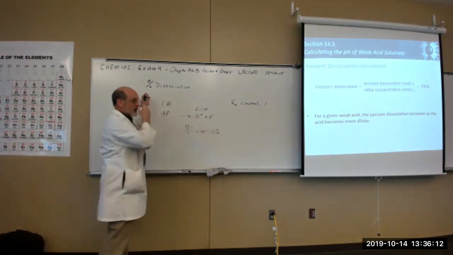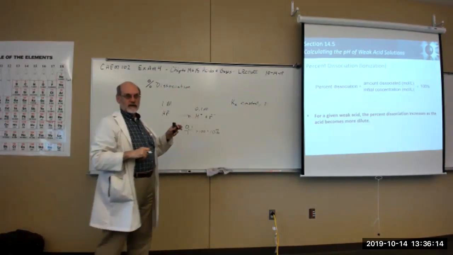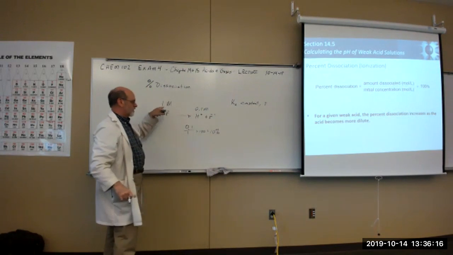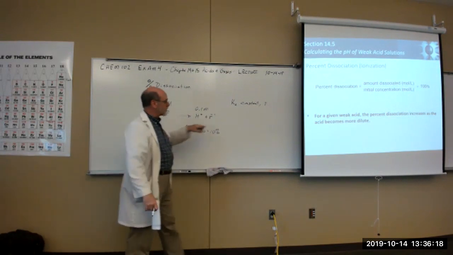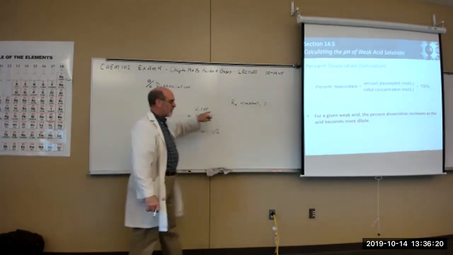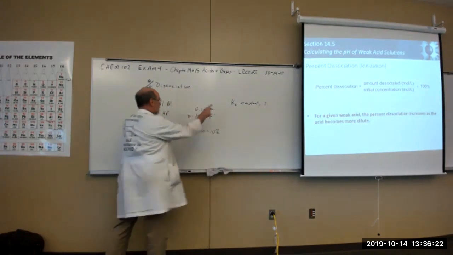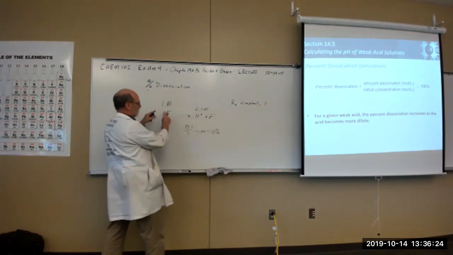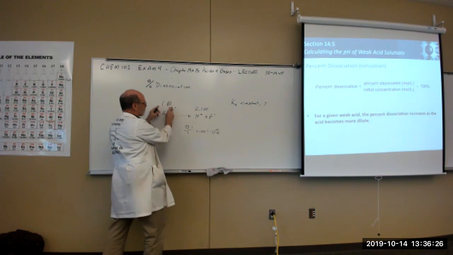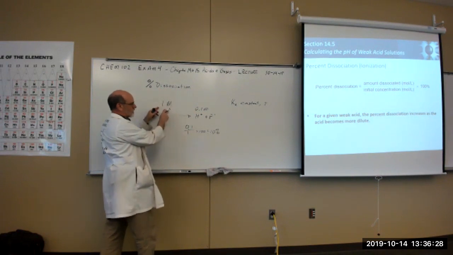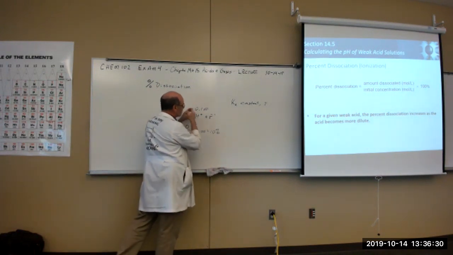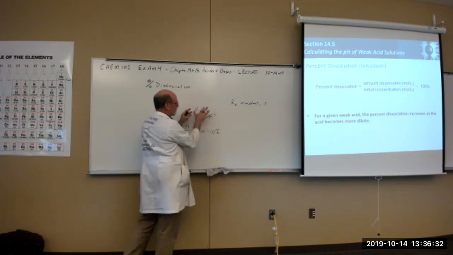But percent dissociation is variable. It depends on what you started with. It does depend on this value, but that value is a constant and this one's not. So as we change the initial concentration, we will get a different amount here.